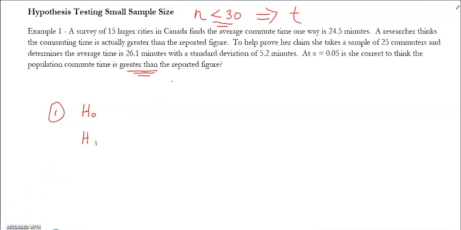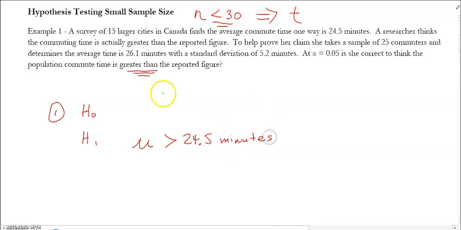So if you came up with an alternative hypothesis of the mean is greater than 24.5 minutes, and the null hypothesis is less than or equal to 24.5 minutes, you would have been correct. Second thing we're going to do is determine the critical values.